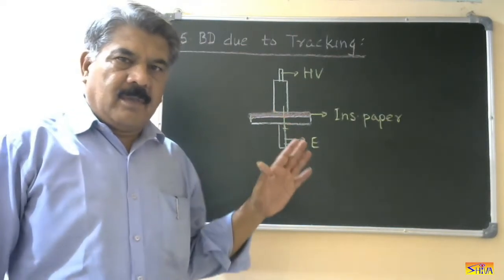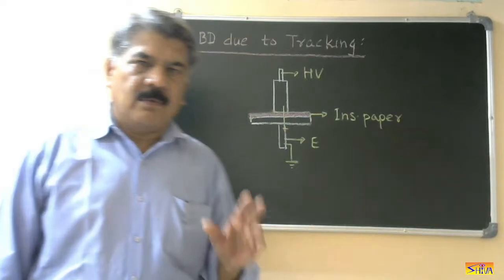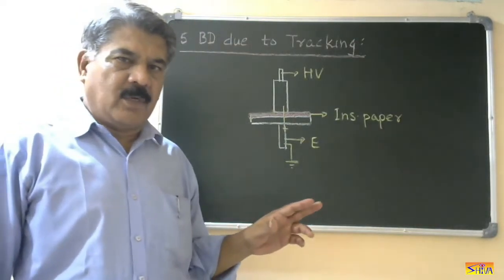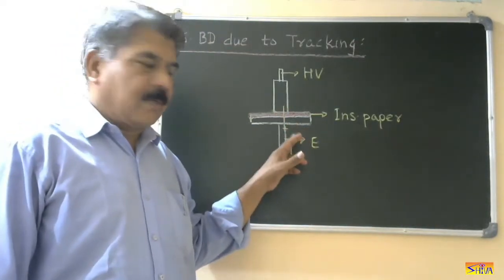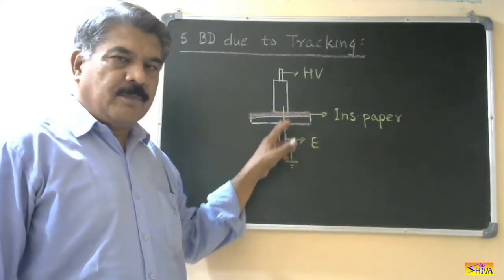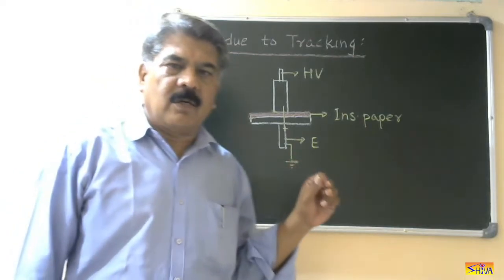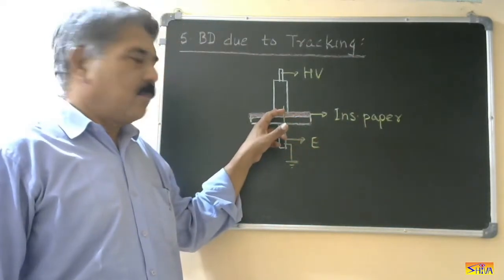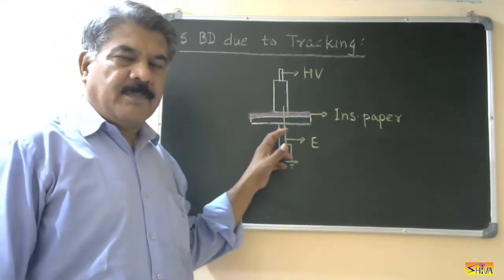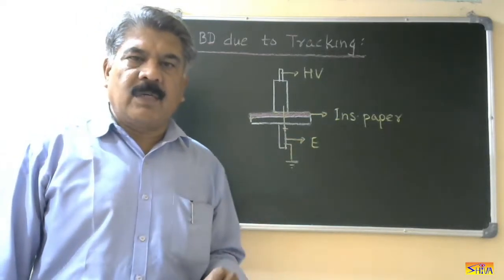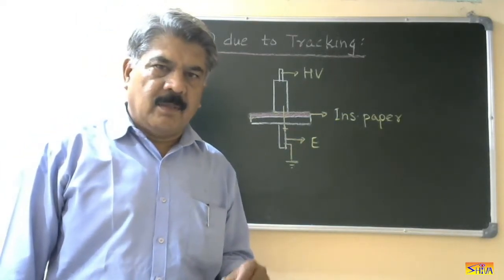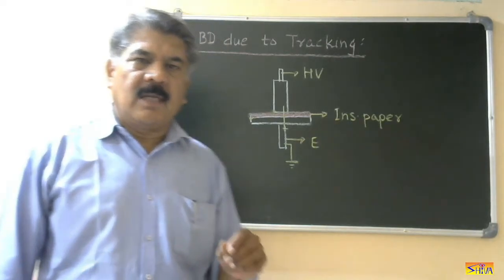Now I will recall three definitions. One is breakdown or puncture voltage. Breakdown or puncture means current flows through the insulation. Second is spark over or flashover, when current flows over the surface of the insulation. And third is creepage distance.